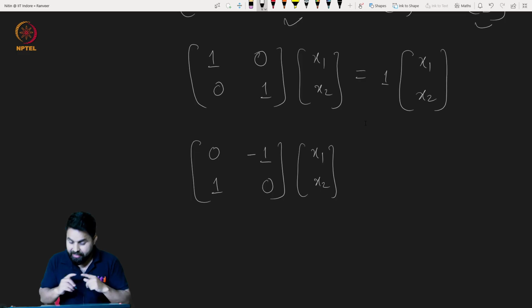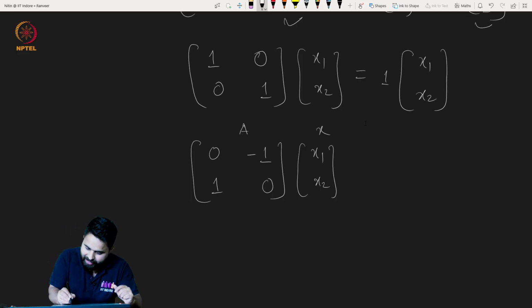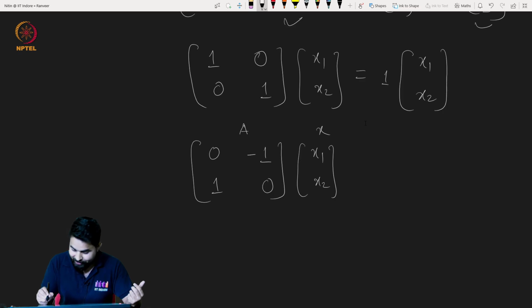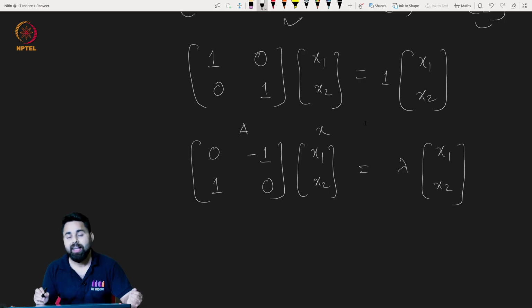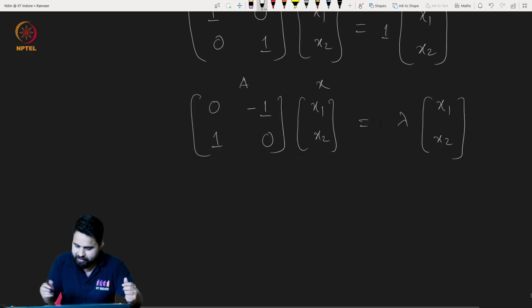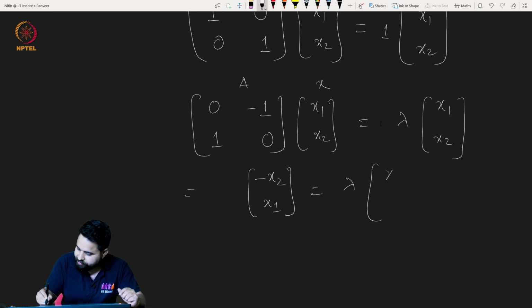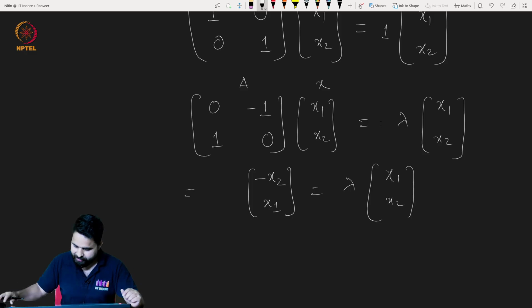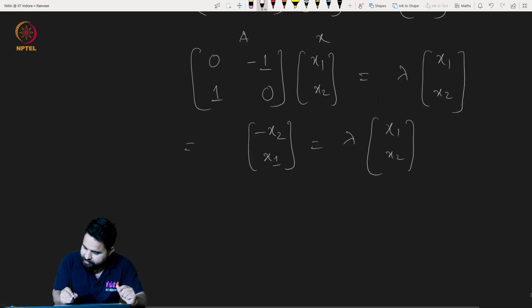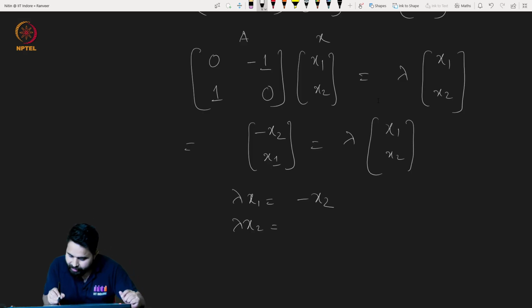So basically this vector x is an eigenvector of A. That means there is some lambda such that A x equals lambda x. Let us solve this. This gives us the equations: lambda times x1 is nothing but minus x2, and lambda times x2 is nothing but x1.